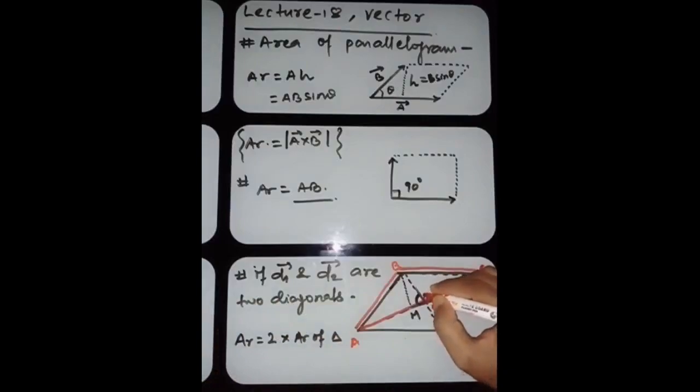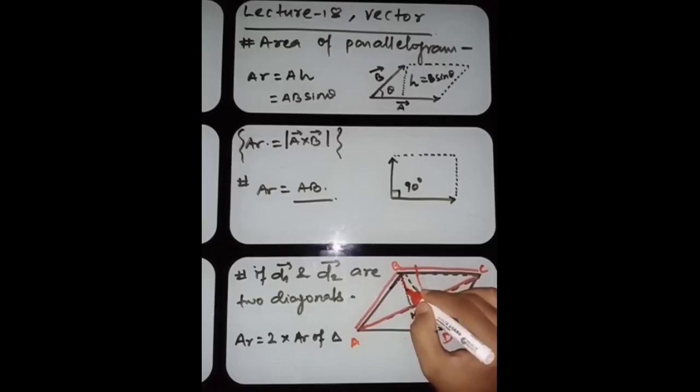This side is perpendicular to this one, and this is d1 by 2 and this is the theta. So this is d1 by 2 sine theta, which equals BM. It means BM is d1 by 2 sine theta.